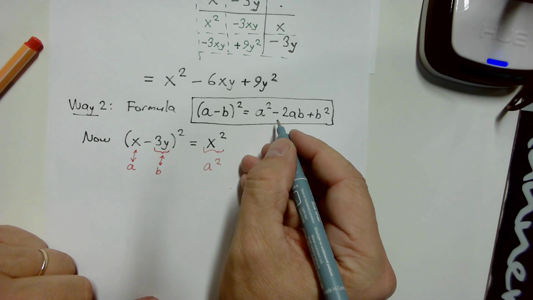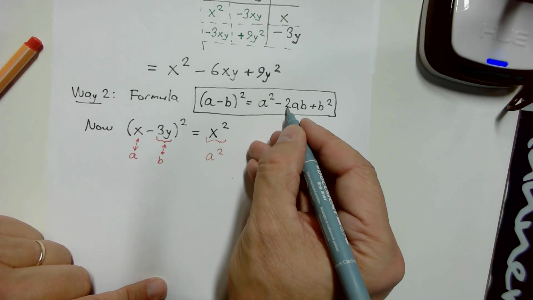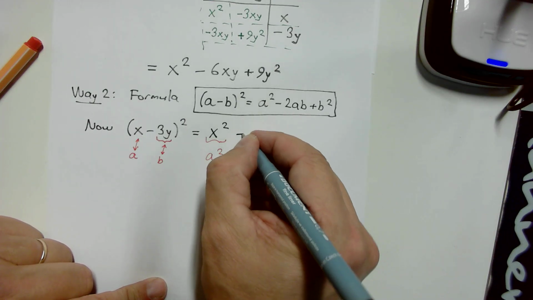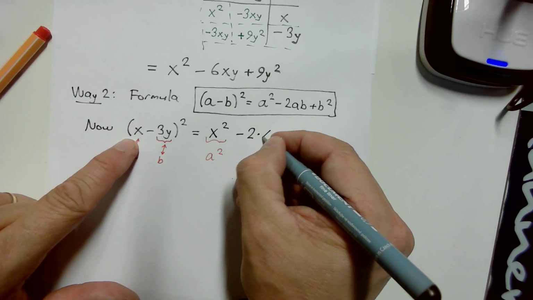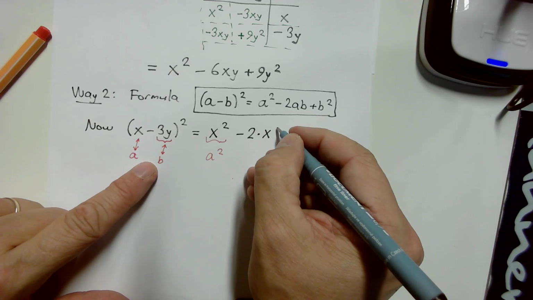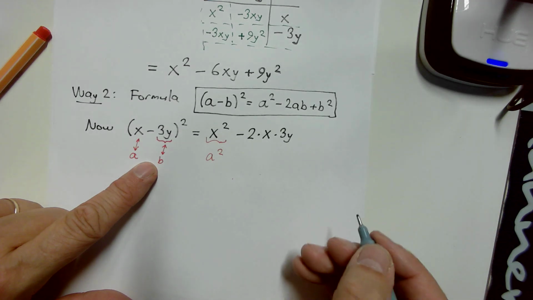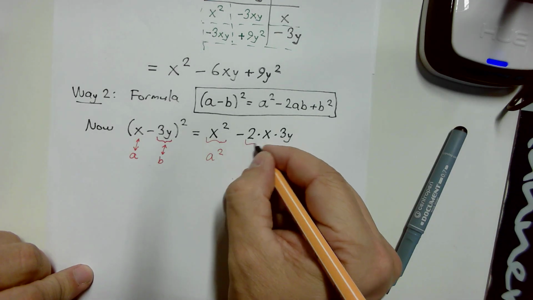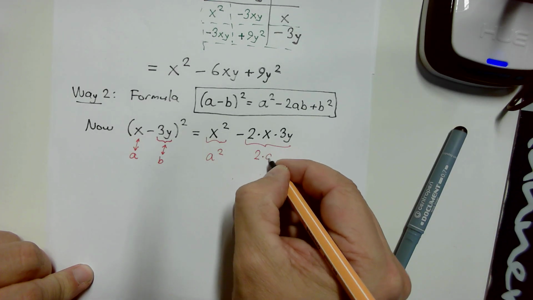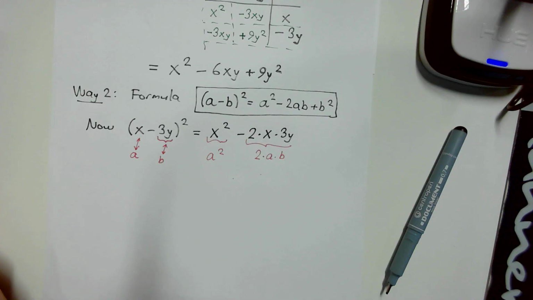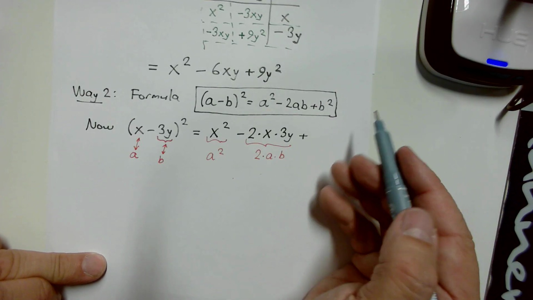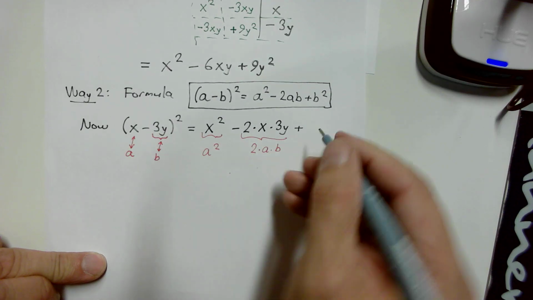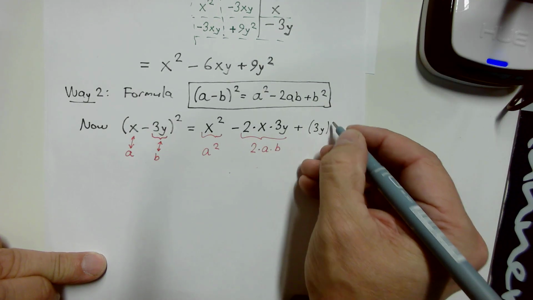Then in this formula we have minus 2 times a times b. a is the same as x, and b is the same as 3y, so this is the same as 2 times a times b. And then we have the last one, b squared, so we have (3y) squared.